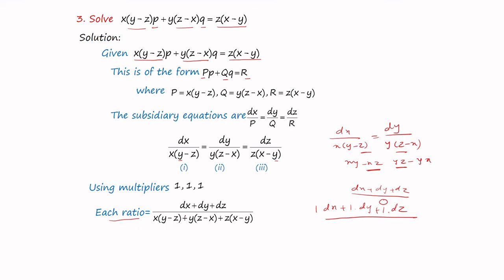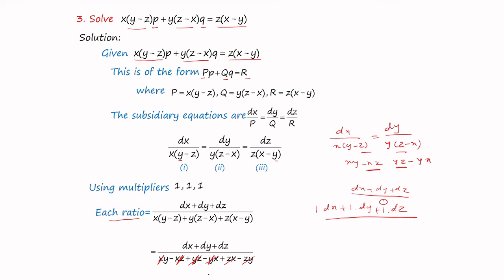So when you add this, you take x inside: xy minus xz plus yz minus yx plus zx minus zy. Here these terms get cancelled, isn't it? xy and minus yx get cancelled, minus xz plus xz get cancelled, and yz minus yz get cancelled.